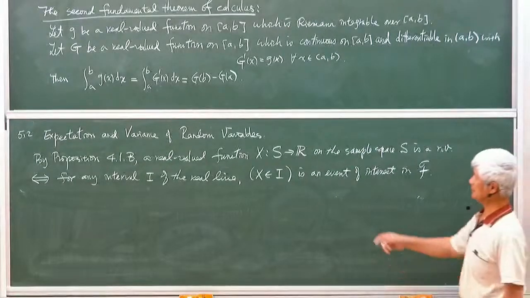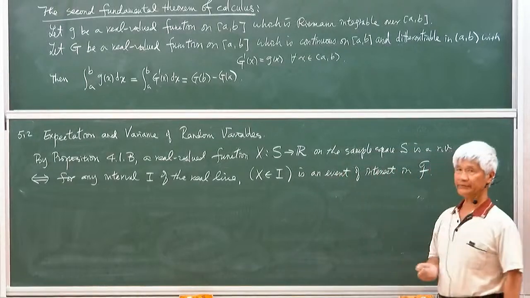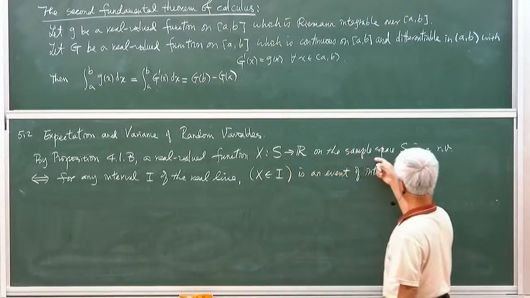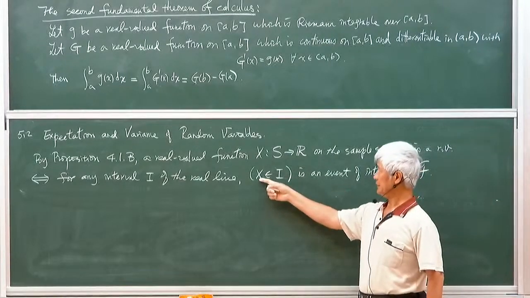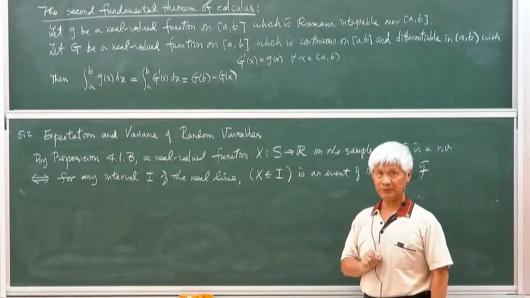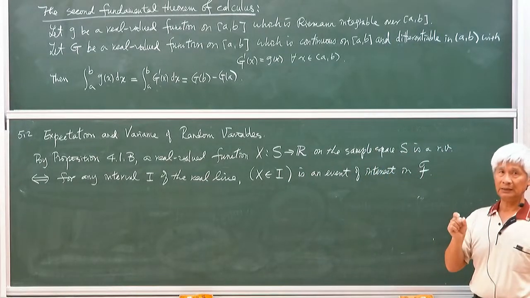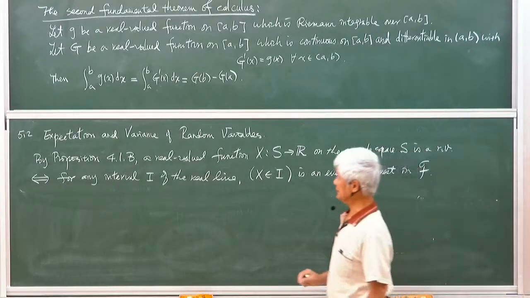Okay, so this is the way, because by the definition, a random variable is a real-valued function on the sample space. If the event that X is in any Borel set B must be an event of interest in F, right? But we can weaken the condition here.